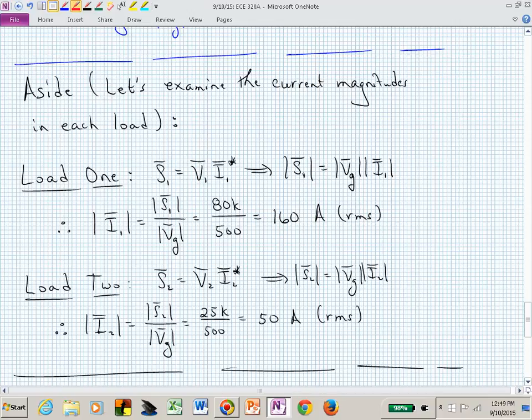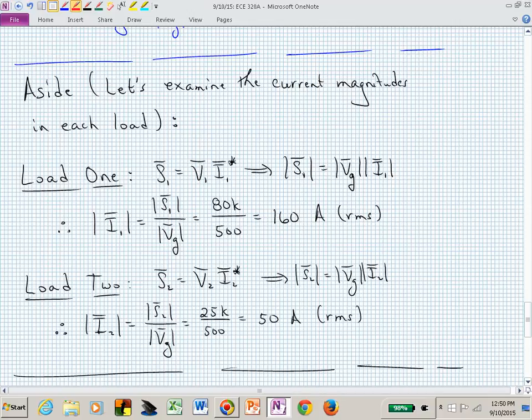We can do the same division to compute the magnitude of the first load's current, which ends up being 160 amps, and the magnitude of the second current, which is 50 amps.